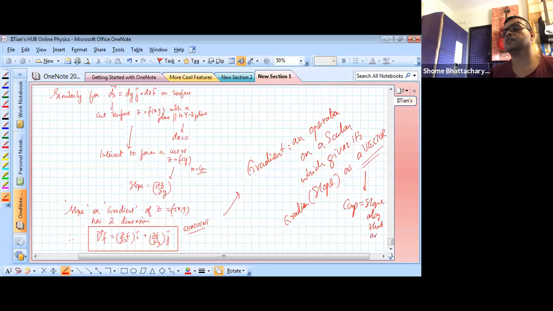You can see slope along x-axis, slope along y-axis. That is the meaning of the term gradient.